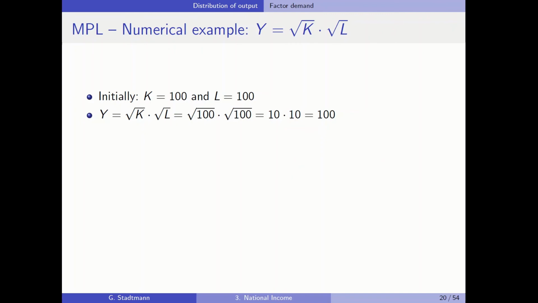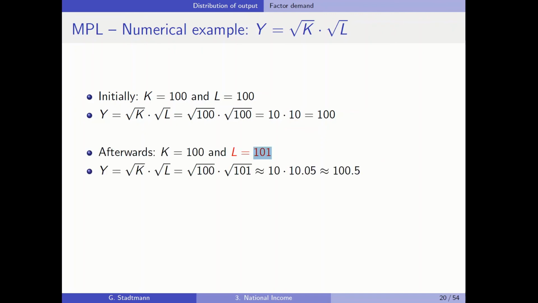Then the manager of this firm makes one adjustment. The manager increases labor input by 1 unit so that labor input increases from 100 to 101. The big question is, by how much will output increase?